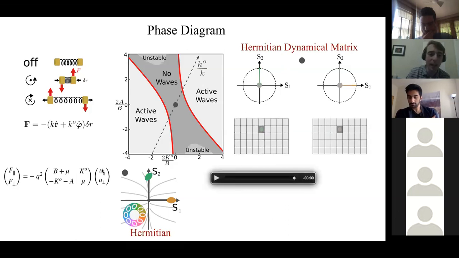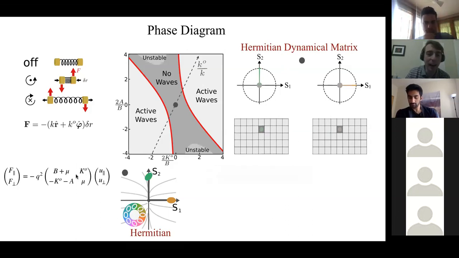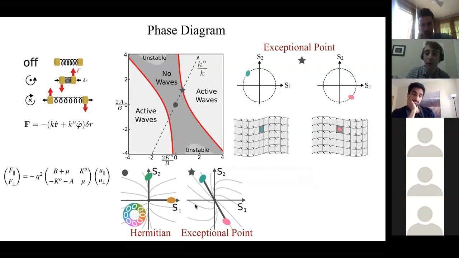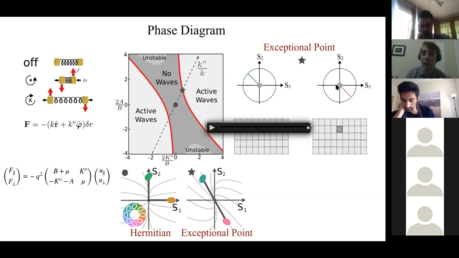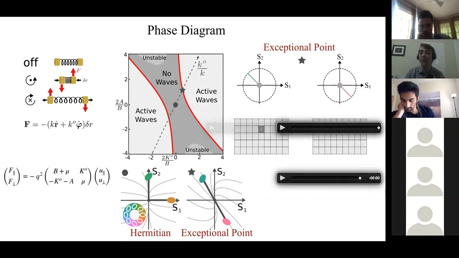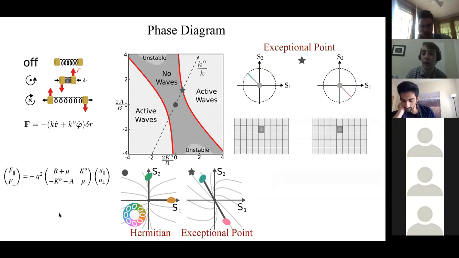But now notice that when I increase K naught, I actually break the symmetry of this matrix. So this dynamical matrix becomes non-Hermitian, right? And at first, the eigenvectors will become non-orthogonal, and eventually they'll reach a point where the two eigenvectors become parallel and they coalesce. So if you ask for the two eigenvectors, you find that they're actually parallel to each other, and such an occurrence is known as an exceptional point.